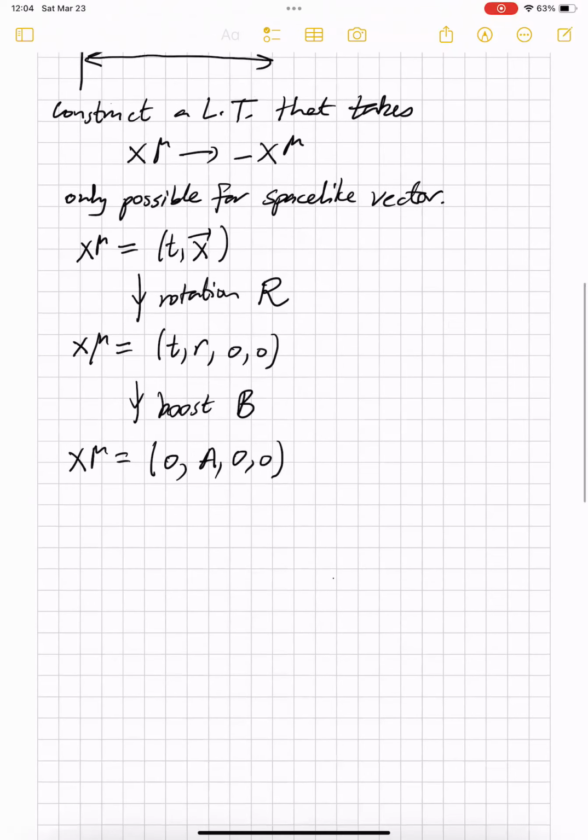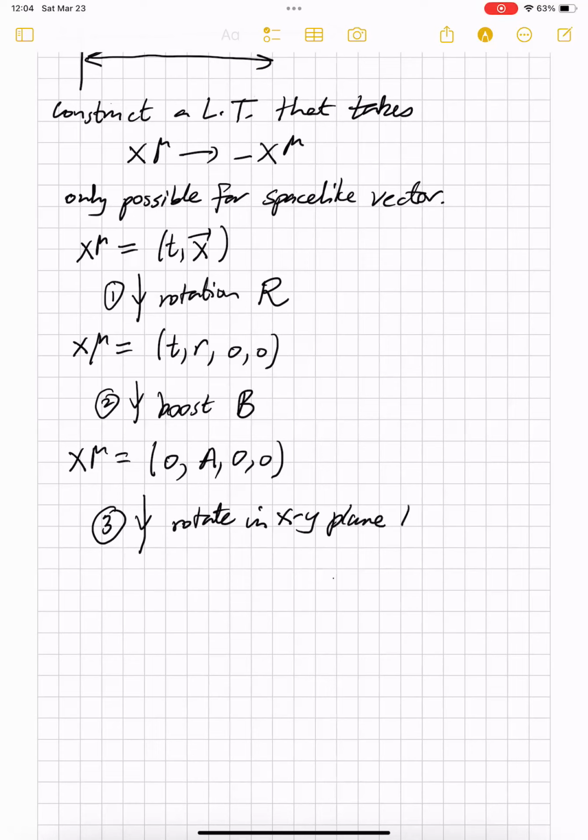So this was the first thing you did, the second thing you did. The next thing that you should do, step number 3, is rotate in the xy plane by pi radians. And if you rotate in the xy plane by pi radians, that just turns the vector into minus itself.